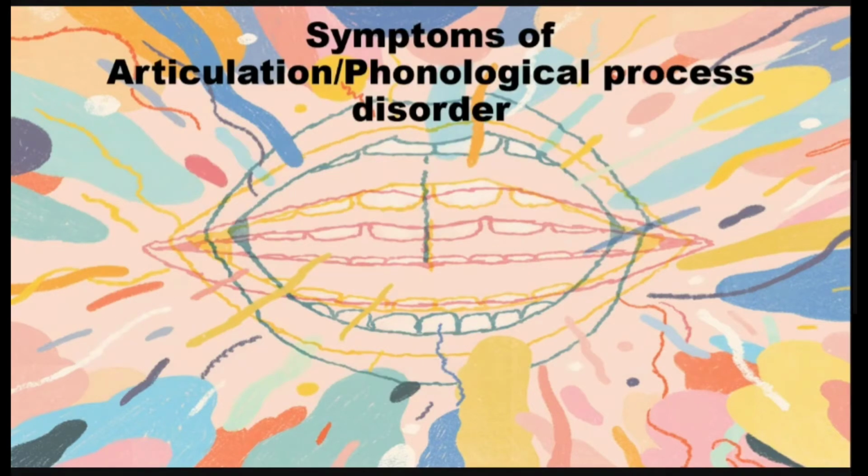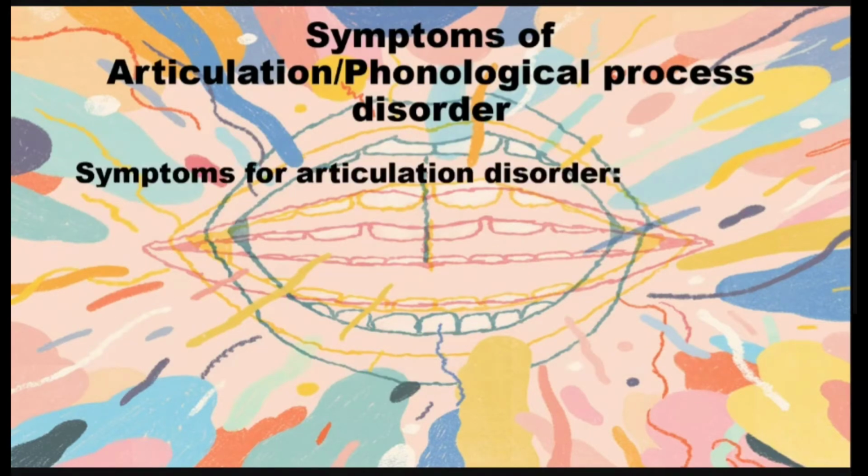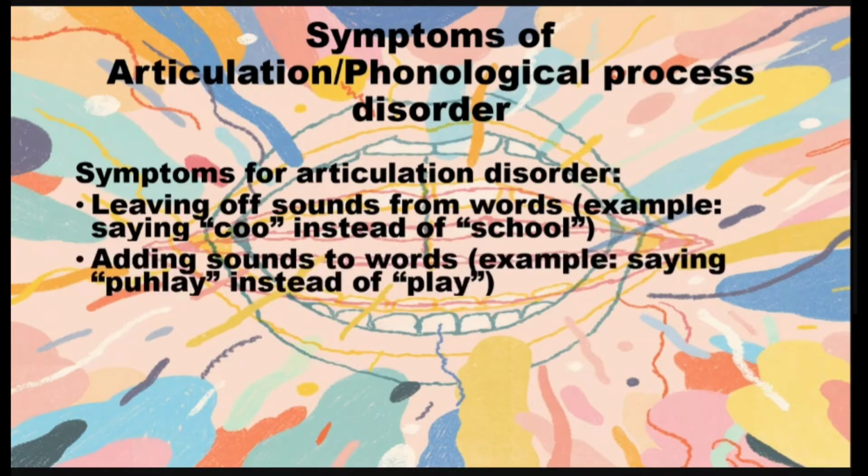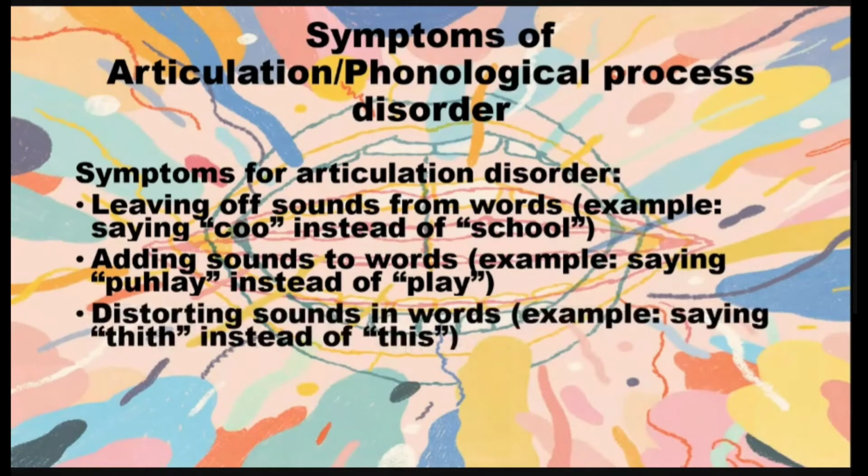Symptoms of articulation and phonological process disorder. Now, let's start with articulation disorder symptoms first. Leaving off sounds from words, for example, saying "coo" instead of "school." Adding sounds to words, for example, saying "play" instead of "play." And distorting sounds in words, an example of which is saying "thith" instead of "this."